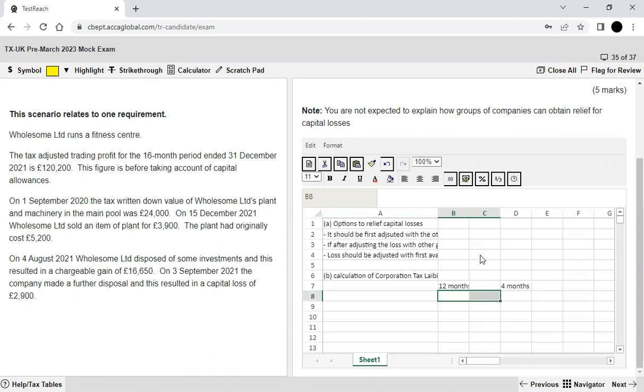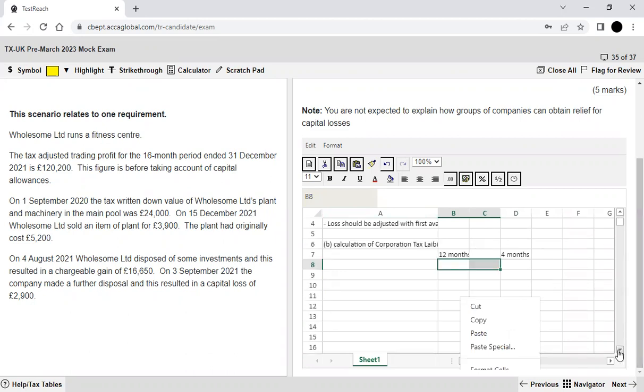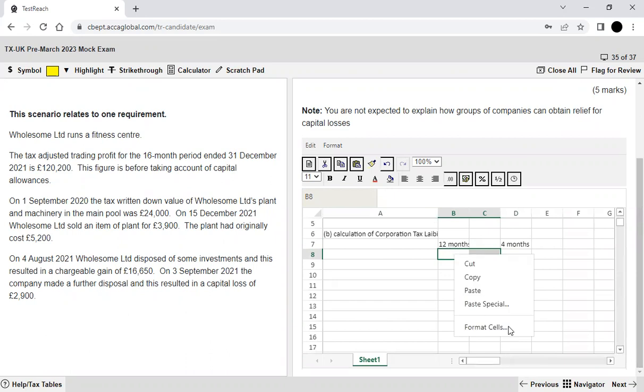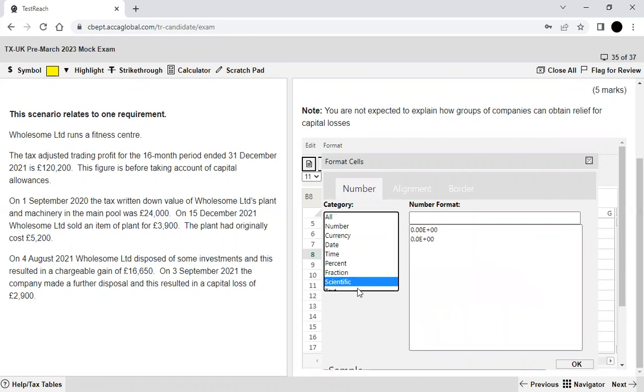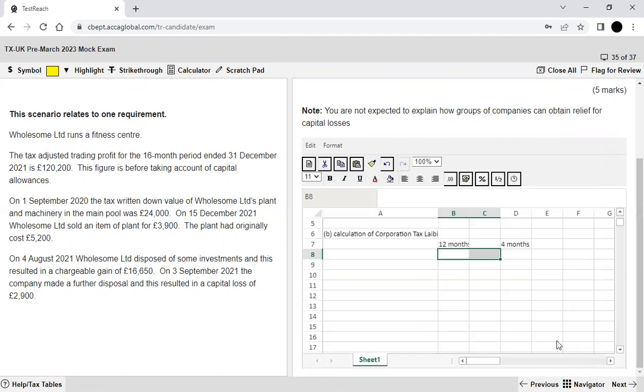The first period is from 1st September 20 to 31st August 21. This would be the 12 months period.